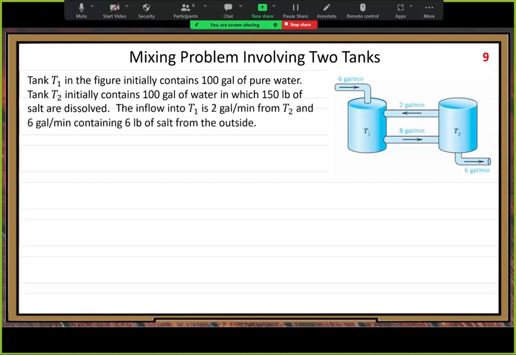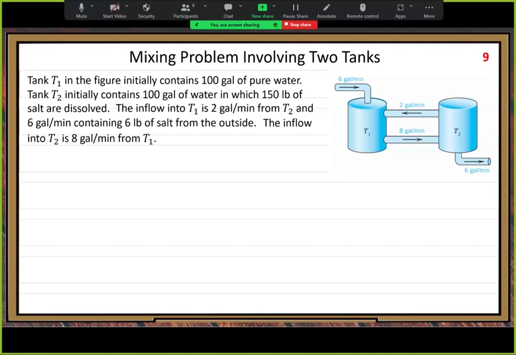The inflow into T1 is 2 gallons per minute from T2, and 6 gallons per minute containing 6 pounds of salt from the outside. The inflow into T2 is 8 gallons per minute from T1.